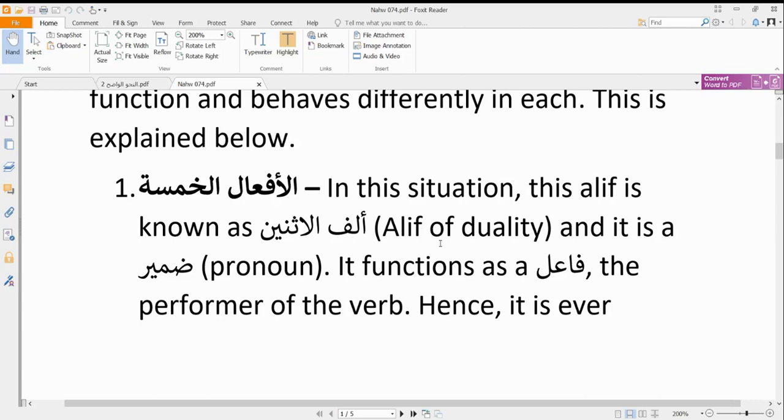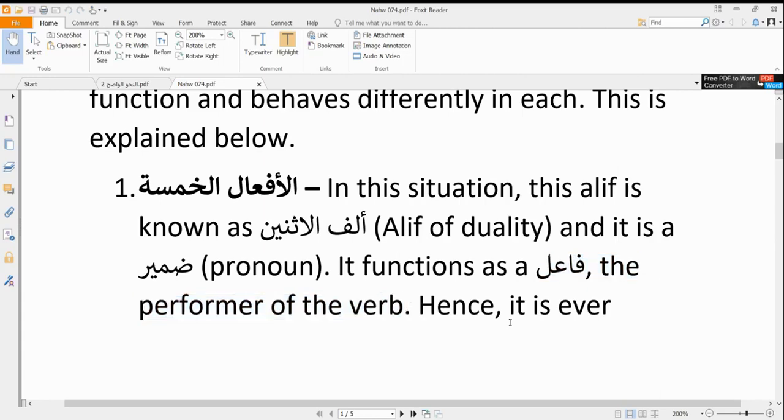If you look at yuslimani, which is a fi'l al-mudari', that alif there is the fa'il of that verb, the performer of the verb. So when we say yuslimani, they both submitted, the word that means "they" in that sentence is that aliful ithnain.